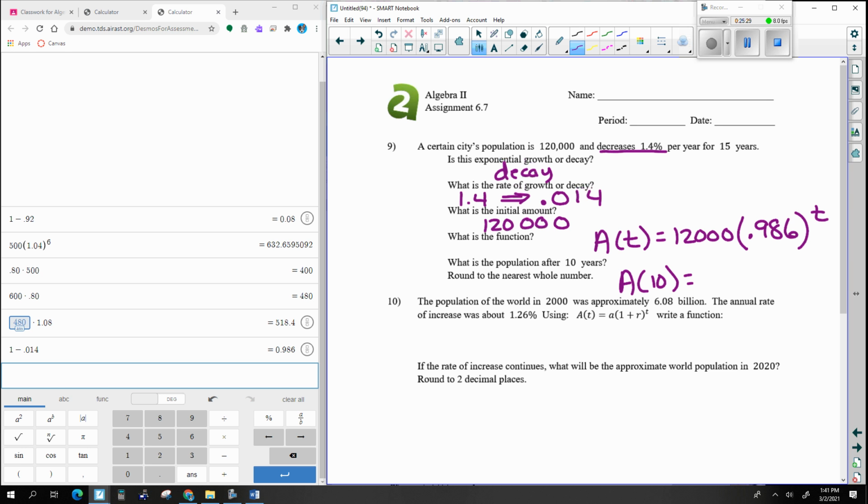Okay, I'm going to plug in the number 10 for that t. Oops. Missed a 0 there. So that's 1, 2, 0, 0, 0, 0. Let's go back to the calculator. 120,000 times 0.986 to the 10 years.